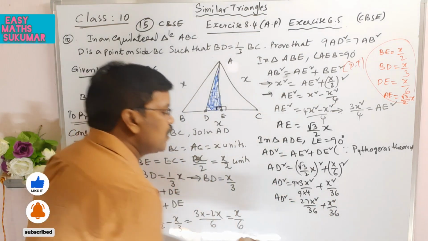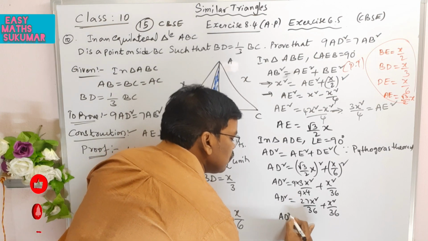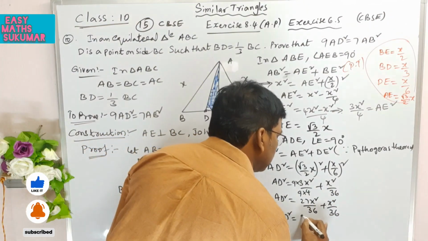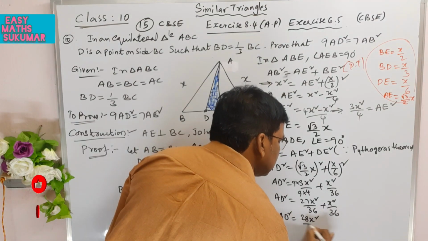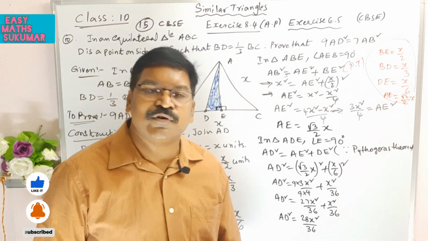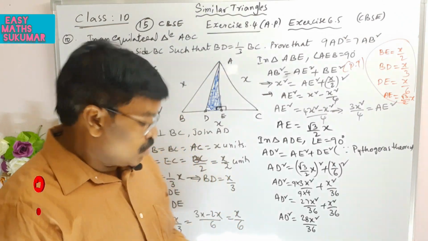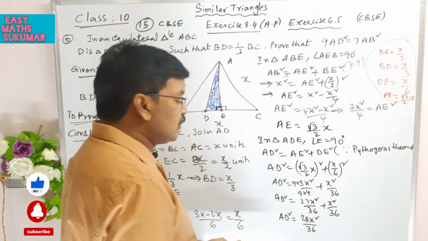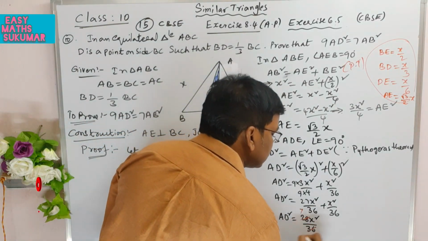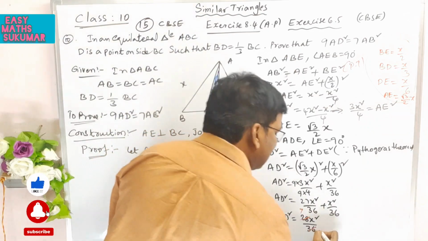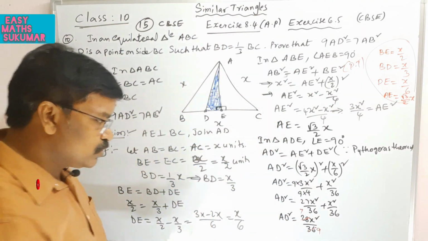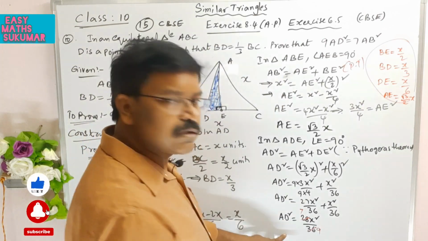Now AD square is equal to 27x square plus x square is 28x square by 36. Now we can cancel with the 4 table. 4 sevens are 28, and 4 nines are 36.